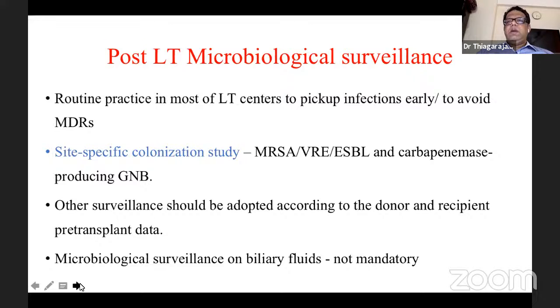And if a resistant coliform-producing organism is found in the rectal culture, it's better not to use the carbapenems, and you can use ceftriaxone sulbactam or some antibiotic like that. Often, microbiological surveillance on biliary fluid is undertaken, but it's not mandatory.